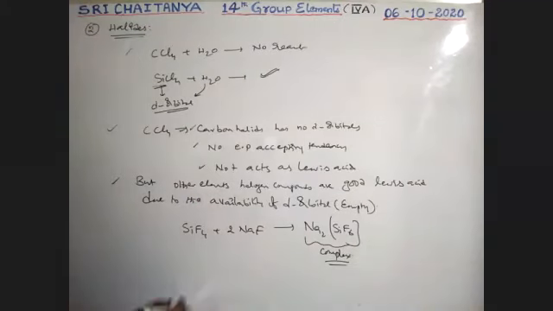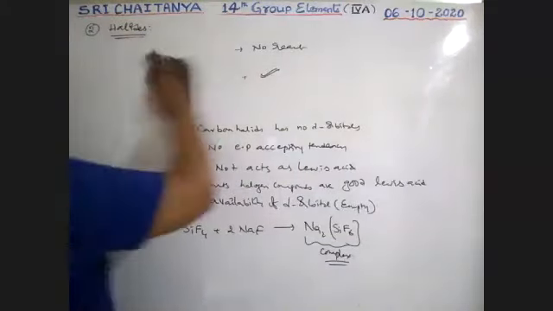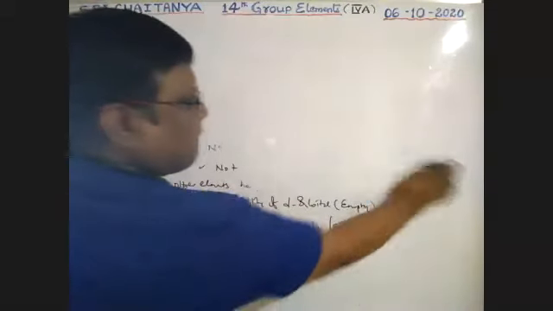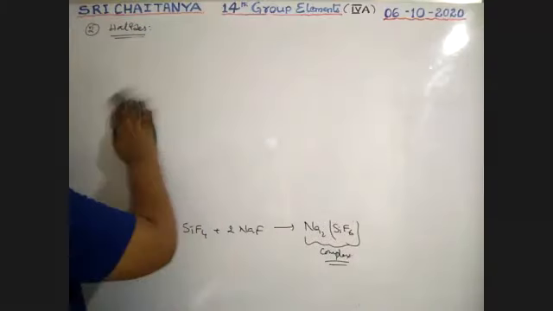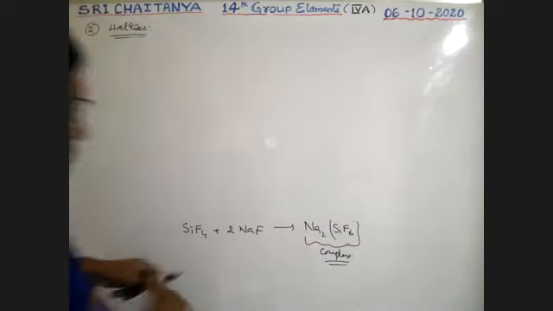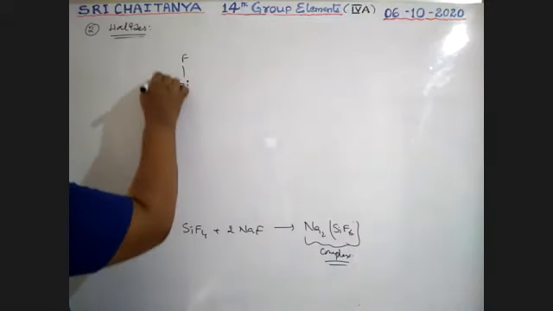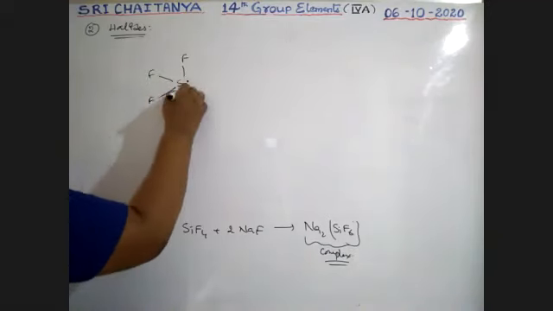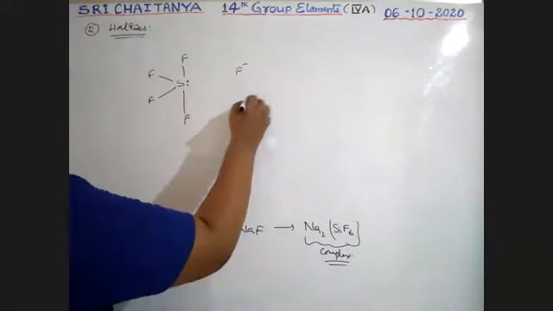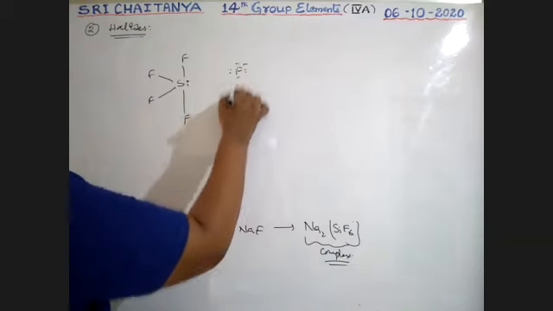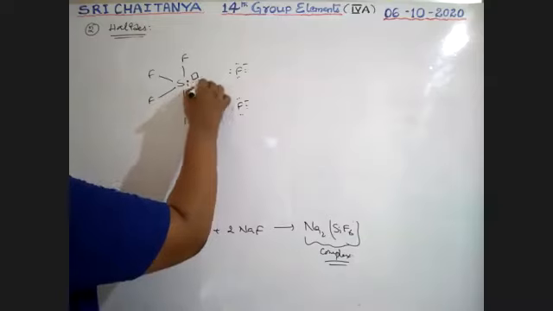How is this possible? See here. That is silicon, SiF4. From NaF, we get 2 F minus ions. Silicon has empty d orbitals, boys.